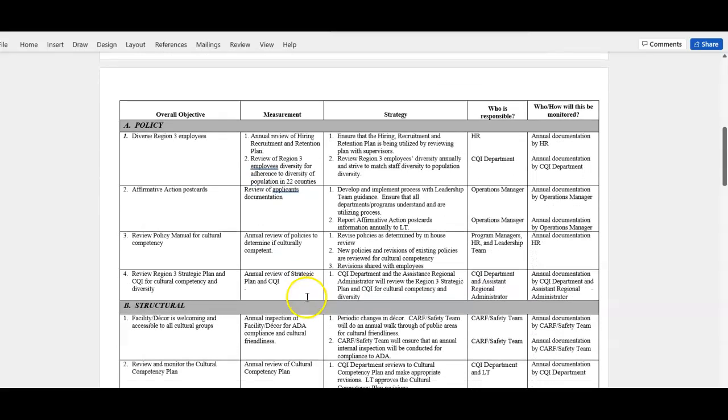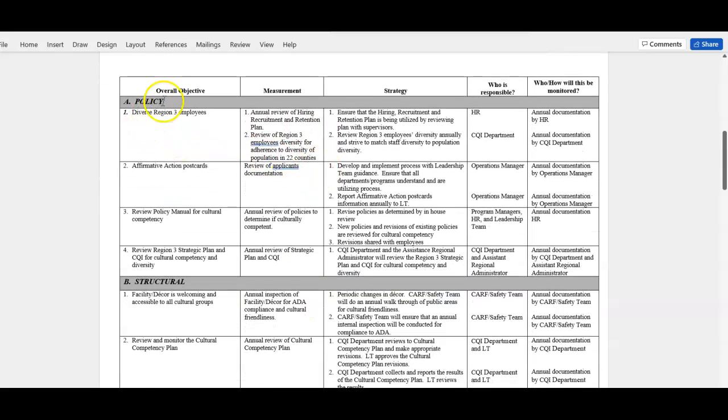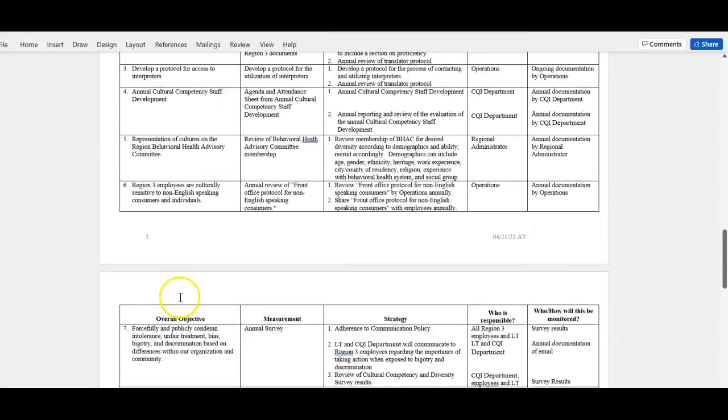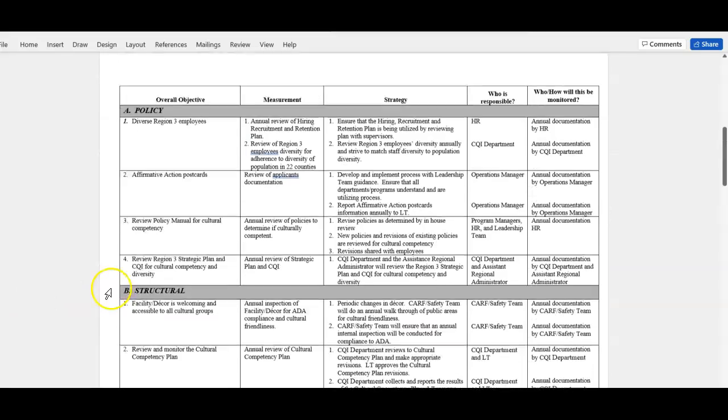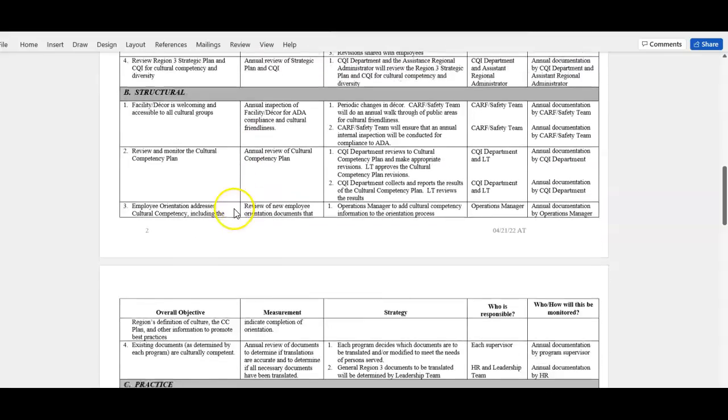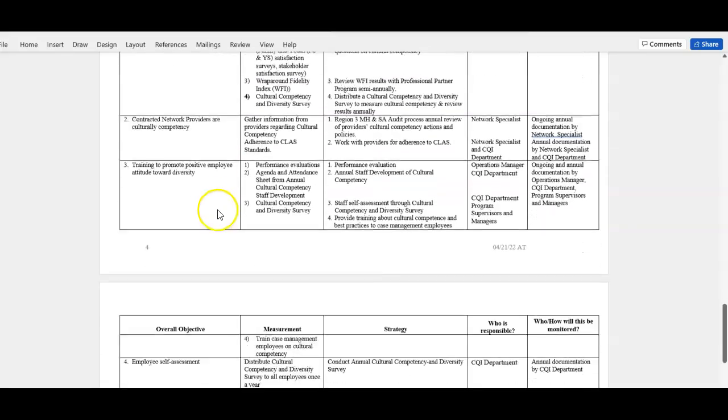If you scroll down, you'll see you'll have to fill out these same things: the policy, structural, practice, and then the attitude. Now, you are not to copy this word for word onto your template, but you want to use this to help you understand what you might put here in regard to what you want to do. That's what this is here for. It's just an example for you to use, but you want to use your own words and come up with your own policy.